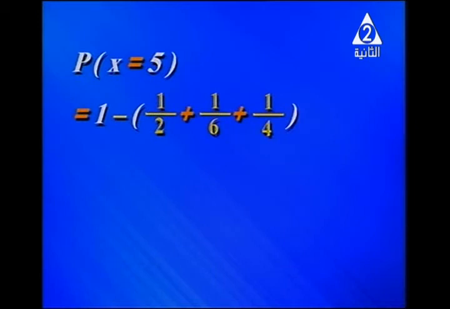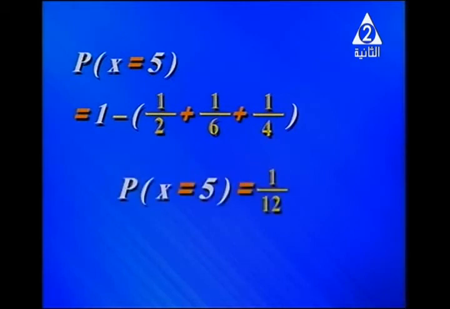After that, dear student, we know that the probability when x equals 5 equals 1 minus the bracket containing half plus 1 over 6 plus quarter, which equals 1 over 12. Why? Because we have a rule. What is the rule? The sum of all probabilities equals 1.